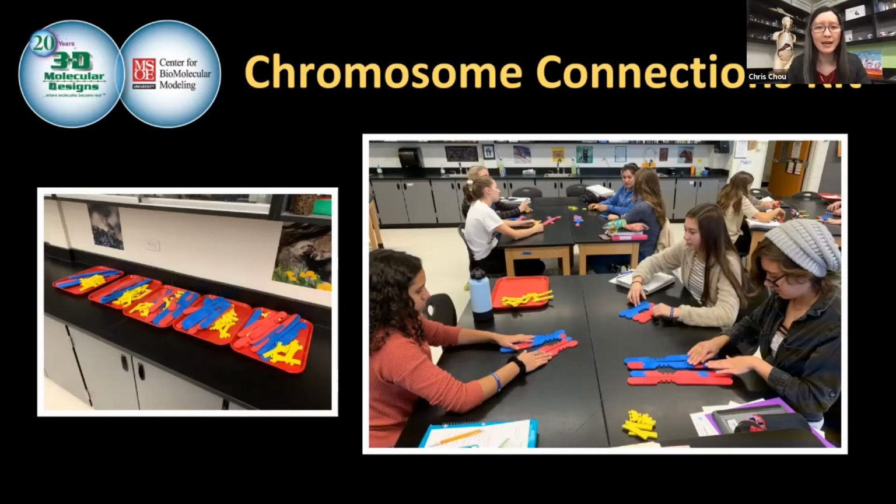And you can see that these are my students using them, and I purchased the large classroom sets. So I have one large kit per table group, and I organize them on these little trays that you can see there. And so you can see some of my students working through crossing over in meiosis there. So we'll get to that tonight as well.